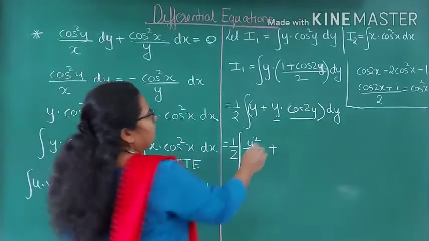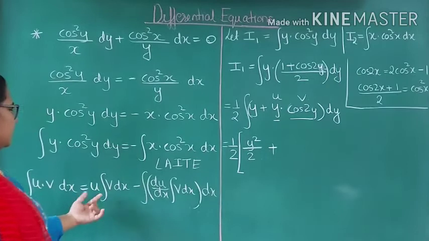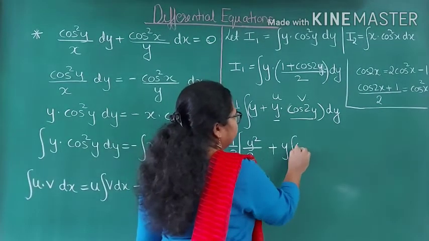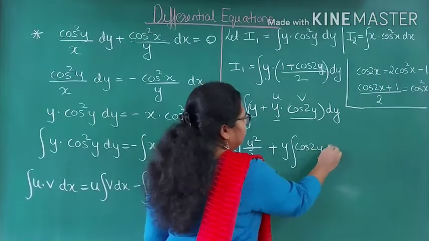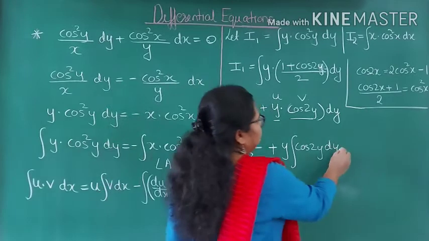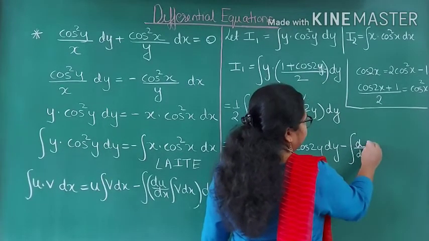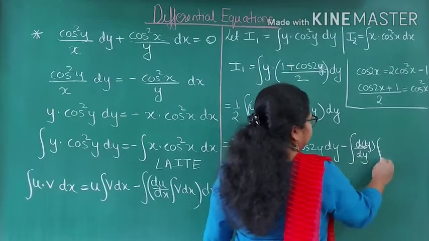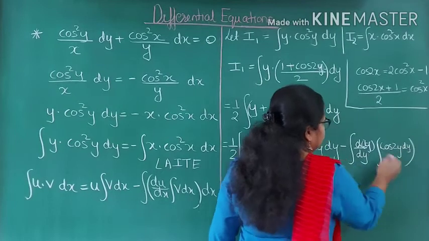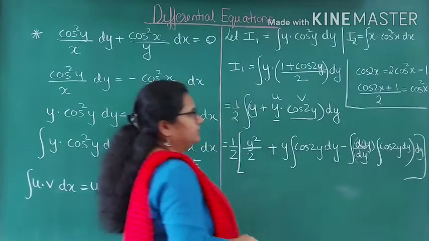So this will be your function u and this will be your function v. So let us use integration by parts. That is y integration of cos 2y dy, minus the integral of the derivative of y times the integration of cos 2y dy, and this is dy for the outer integration, and close the bracket.